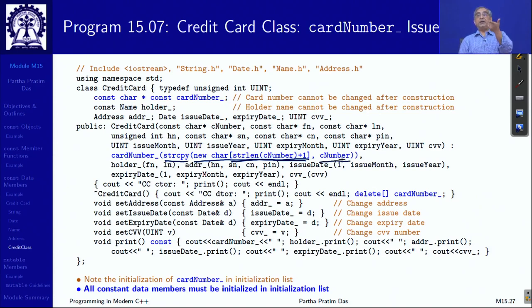The beauty of strcpy is it returns the copied string, same pointer, right. So, whatever has been allocated here will be first used to copy C number into that, and that same value will be returned by strcpy and get initialized in the card number. So, this is a very typical code.